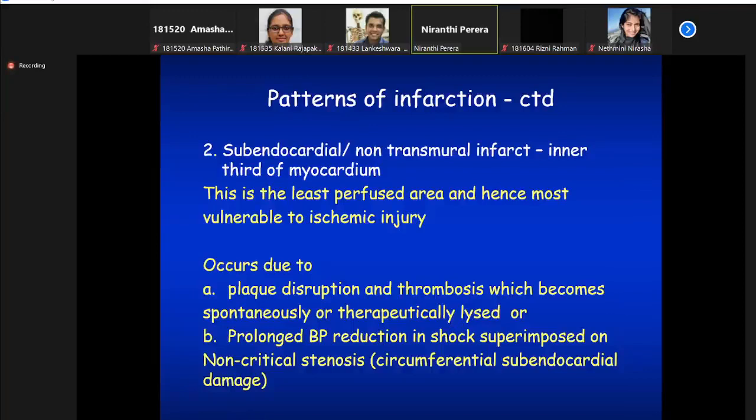The other reason you might get a subendocardial infarct is, like I mentioned, hypotension superimposed on a non-critical stenosis.